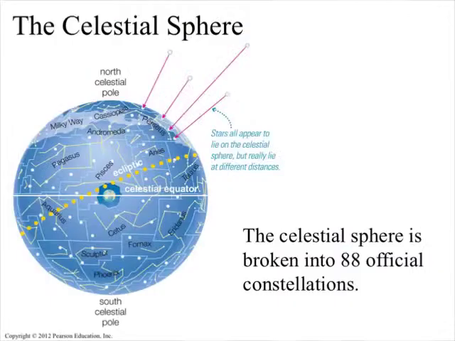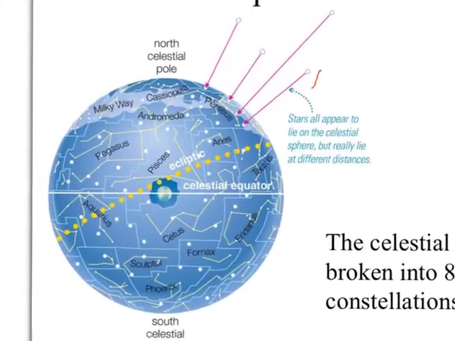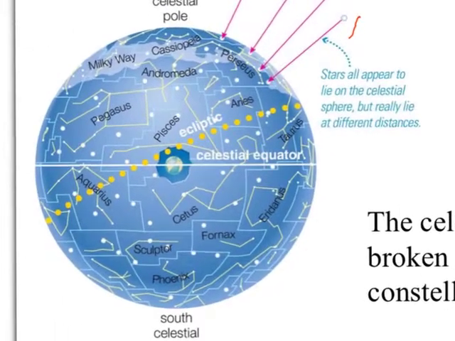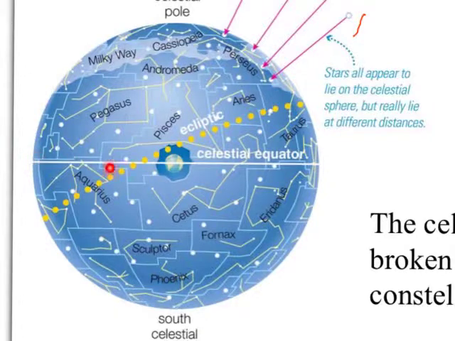So let's take a look at one more celestial sphere. I love the celestial sphere. Okay, so here we go. Looking at the celestial sphere, this white line right here is the celestial equator. We have the celestial poles up here. At this celestial pole, dead center at the top, we have Polaris. Down here, there is no pole star in the southern hemisphere.